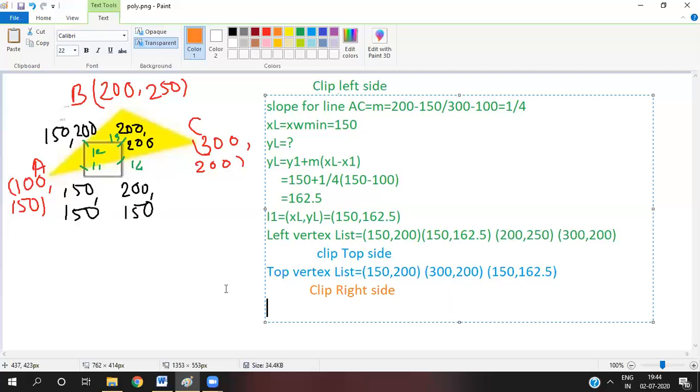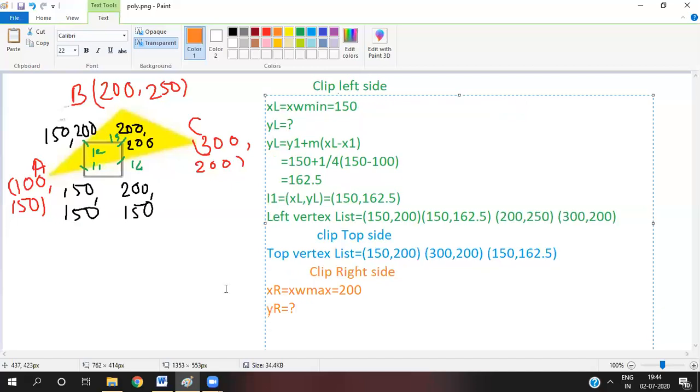Consider the slope of the line, which we have already calculated. Same line AC, which is 1 divided by 4. XR is nothing but XW maximum, which is 200. What about YR? YR is not known, so let's calculate the YR value here.